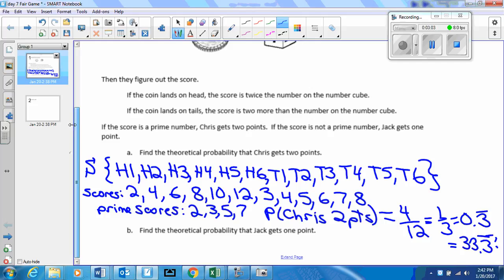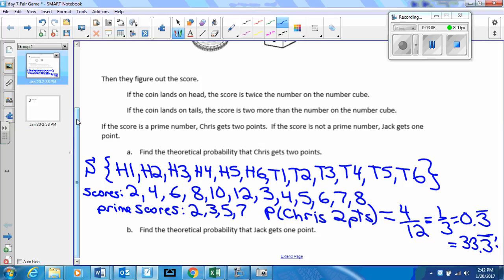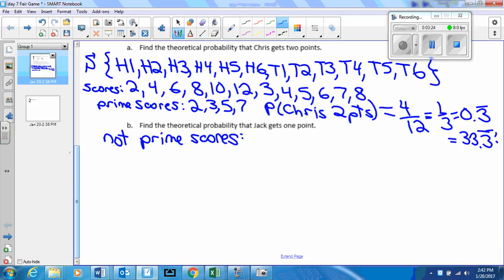Looking for the theoretical probability that Jack will get a point. He gets a point if the score is not prime. So the not prime scores for Jack would be all the other scores: 4, 6, 8, 10, 12, 4, 6, and 8.